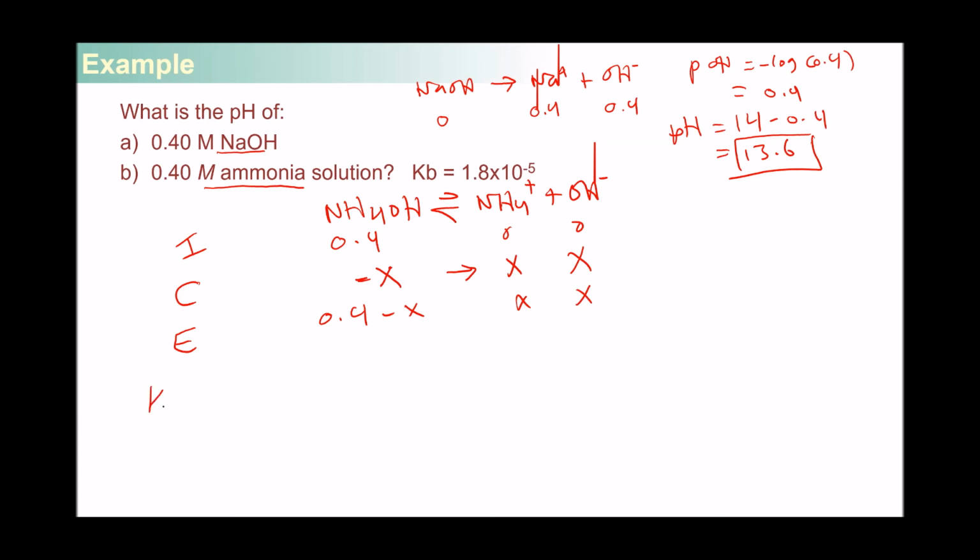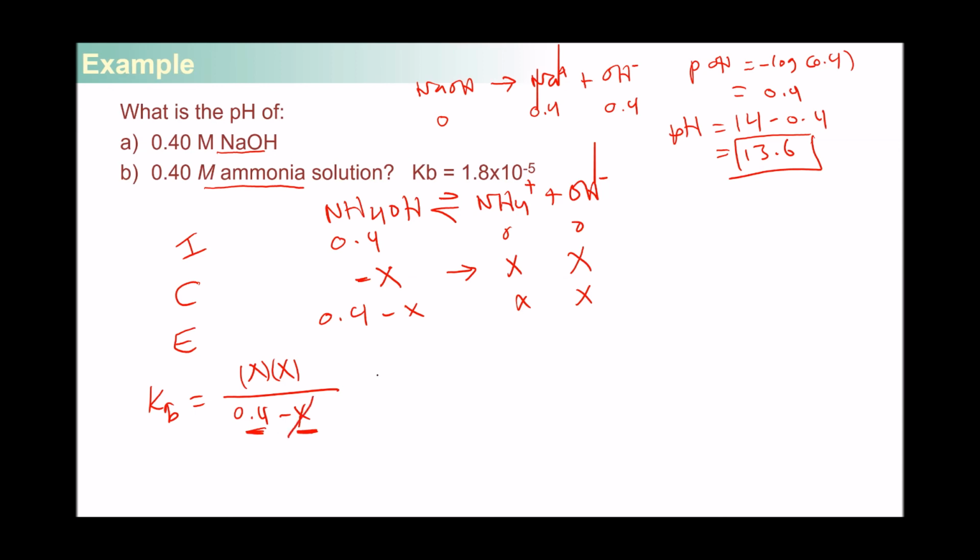And the equilibrium constant is going to equal the ratio between the concentrations of the ions divided by the concentration of the base at equilibrium. But remember, we said X is negligible with respect to the initial concentration, so we just can cancel it out.